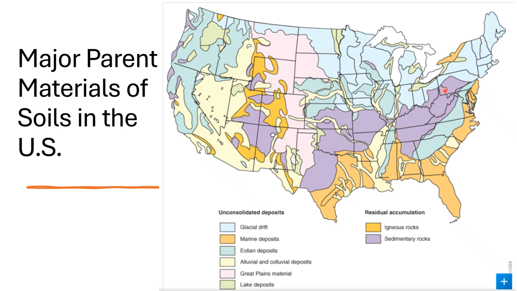Now, let's focus on our home state of Maryland. Maryland is particularly interesting when it comes to parent materials because it has a really diverse geology, reflecting its position across different physiographic provinces. This diversity in parent material is the primary reason why we have such a wide variety of soils right here in our relatively small state.